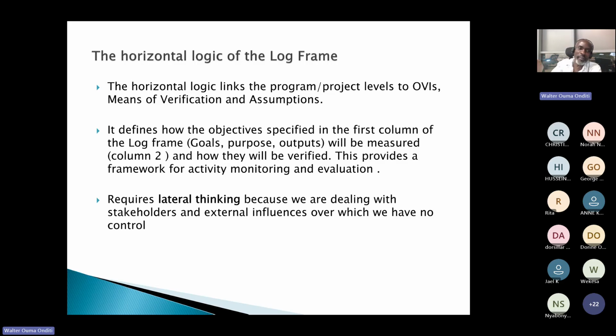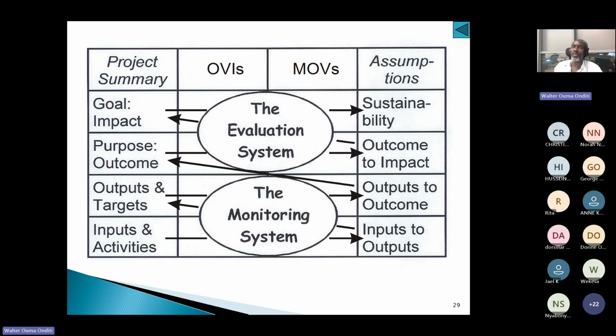The one that is much tougher is actually the vertical thinking. The lateral requires thinking because we are dealing with stakeholders and external influence over which we have no control. So that's why you have to think that way. So two systems. And look at the vertical thinking, the horizontal thinking, and of course the lateral thinking.